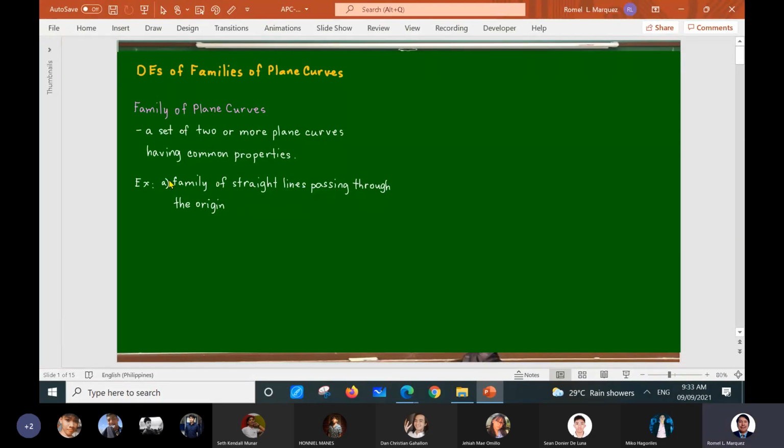So this is an example of a family of plane curves. Straight lines are considered curves also in analytic geometry or in math. Is that clear, guys? It is the simplest member in the family of algebraic curves.